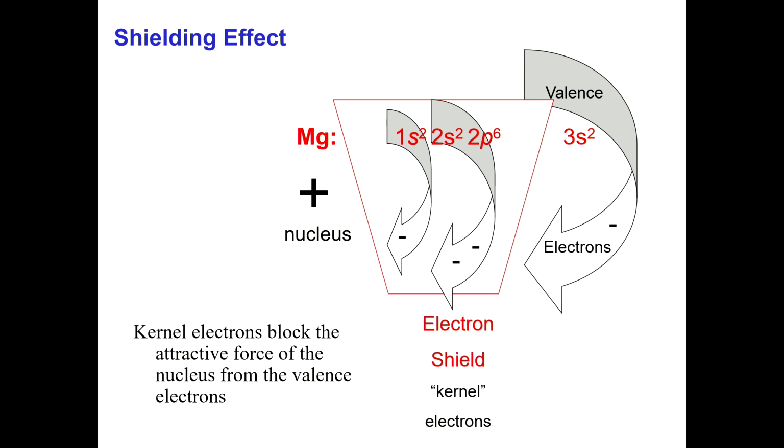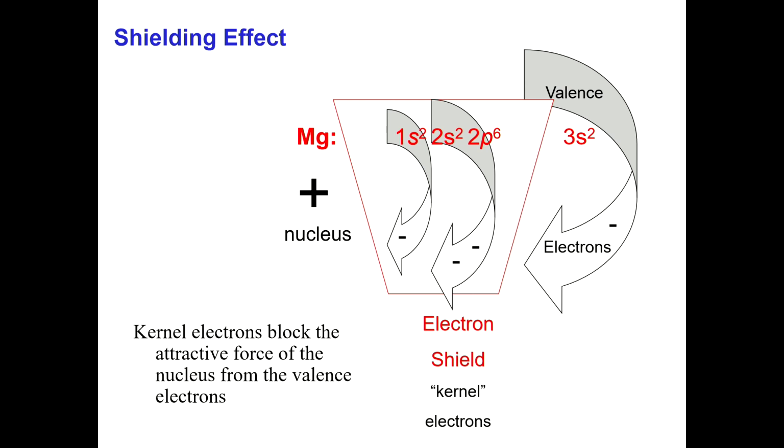Valence electrons are easy to lose for metals, and for non-metals they usually gain electrons. Here we call them valence electron orbital.